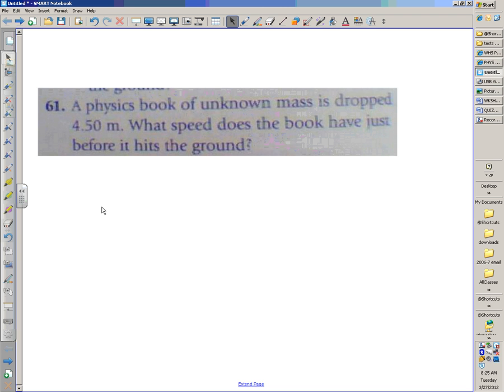So, if we neglect air resistance, from the time it leaves my hands to the time it hits the ground, what's the only force acting on it? Gravity, right? Gravity being a conservative force means that we can start off this problem like this. How do I know it's going to be this kind of a problem instead of the work energy theorem, which we did last week?